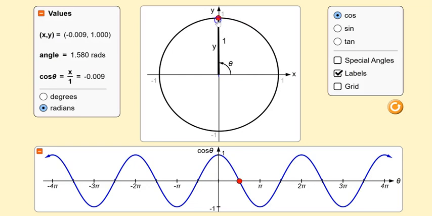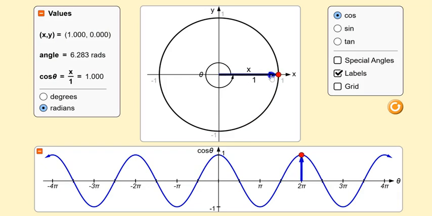And then as we go to pi, cosine goes to -1. That reaches its minimum at that point. And then it continues on to 3 pi over 2, where it is again 0, and then 2 pi, it has completed a full cycle, and it is now at 1 again.